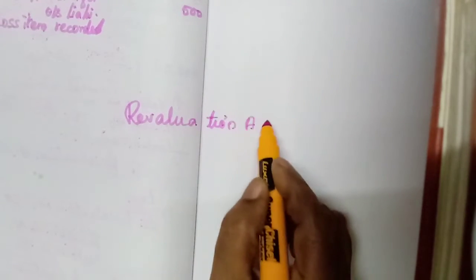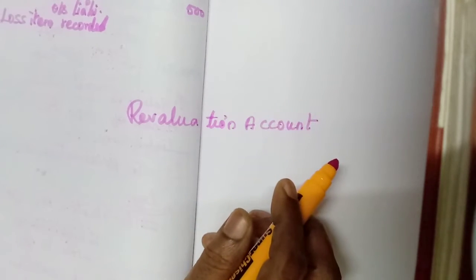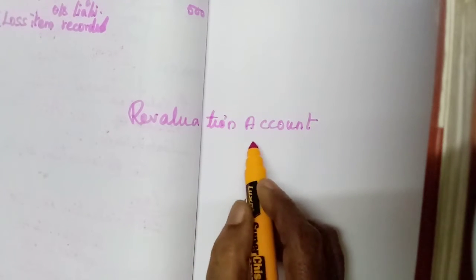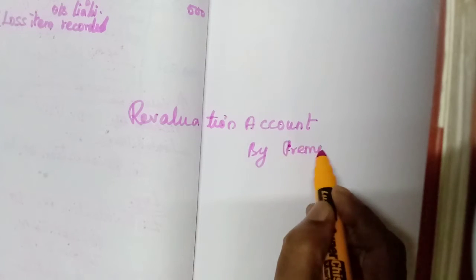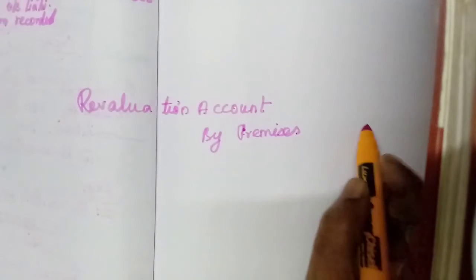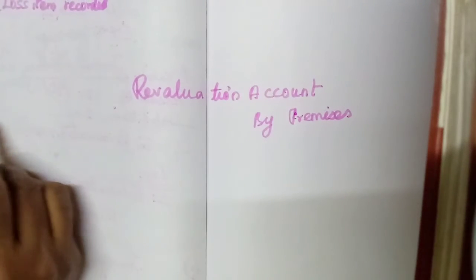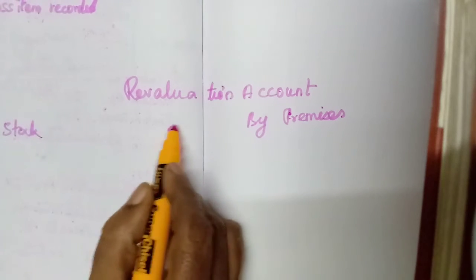Revaluation account. First, premises should be credited, isn't it? By premises, 60,000. Then on the debit side, to stock, 5,000.